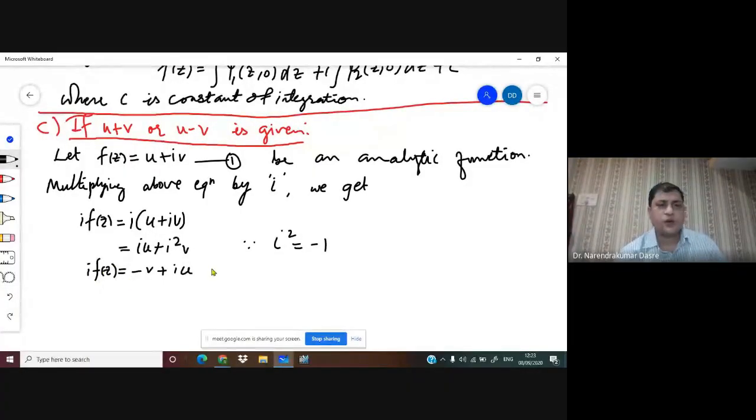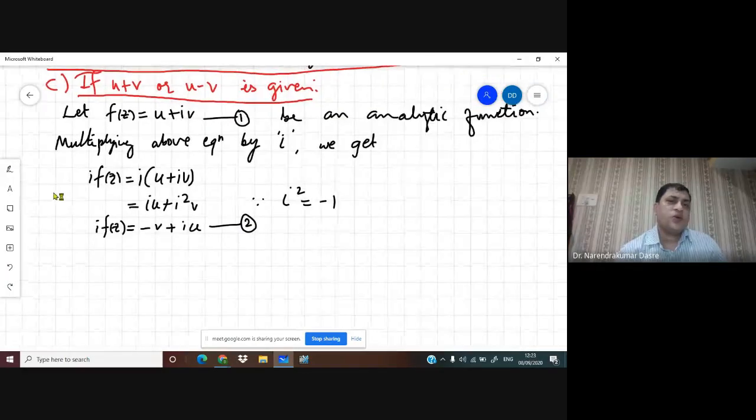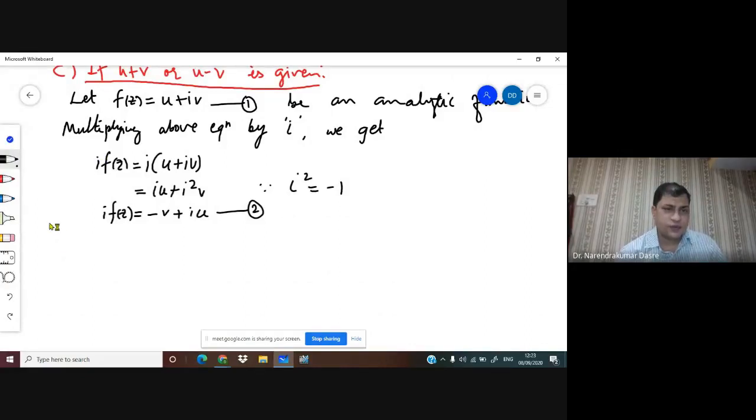So we have i times f(z). Let this be equation 2. Now I'll add equation 1 and 2.